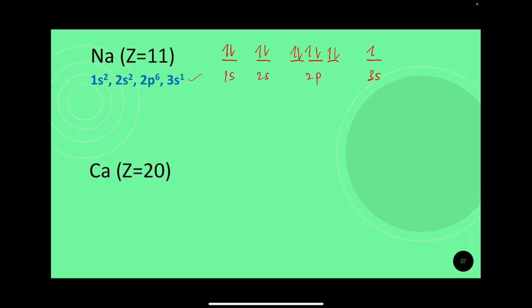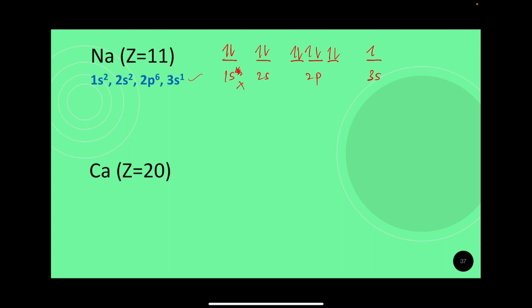So the tip is, if you mention the electron configuration in the orbital diagram like this, you are wrong. Because this is not how to write the electron configuration, this is how to draw the orbital diagram, so without the number of electrons.